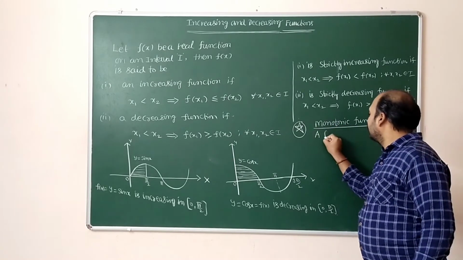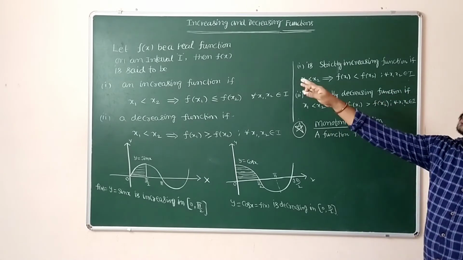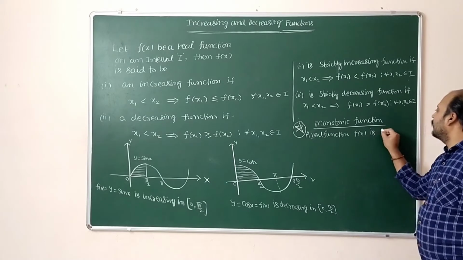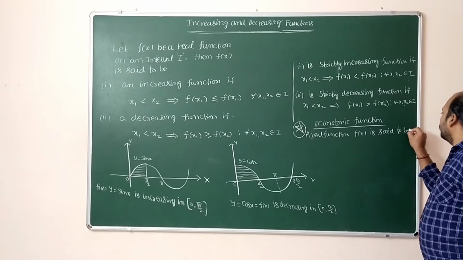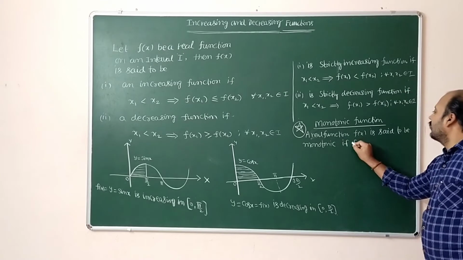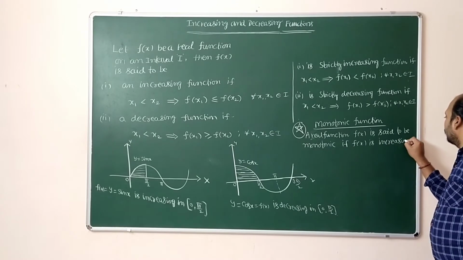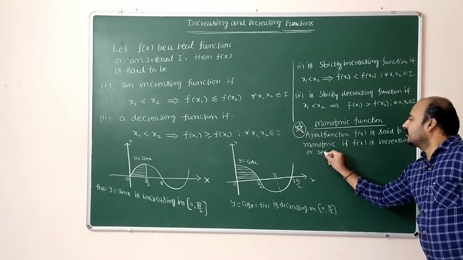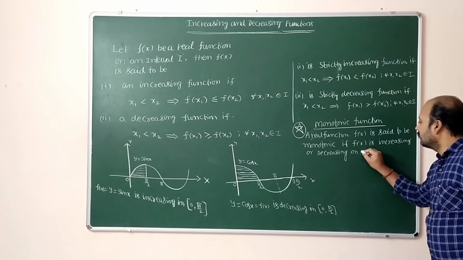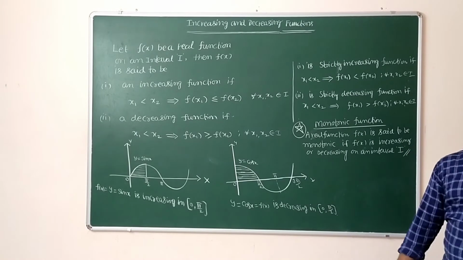A function, otherwise a real function. A real function f of x is said to be monotonic if f of x is increasing or decreasing on an interval I. Like this monotonic definition.